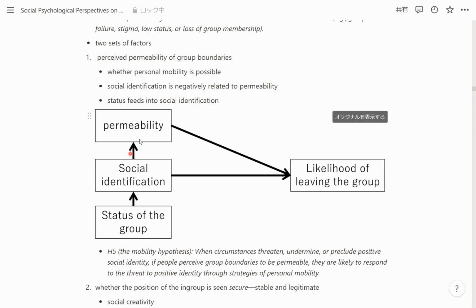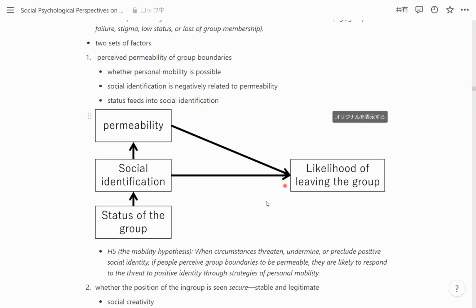And then this will lead to high permeability. Okay, the team is losing, and I do not feel much committed any longer to our team. And then I guess maybe it's so easy, or maybe it's time to stop going to the stadium. Then they will leave their group. They will leave the fandom.